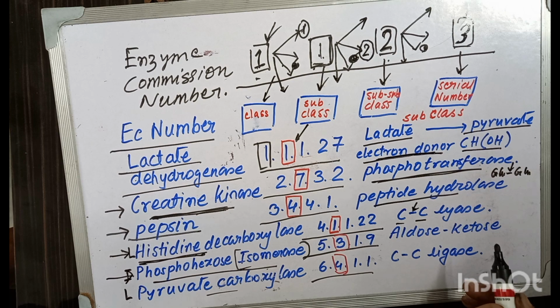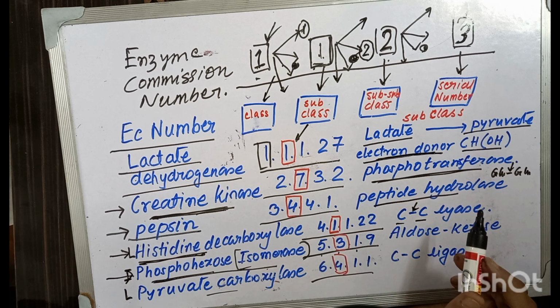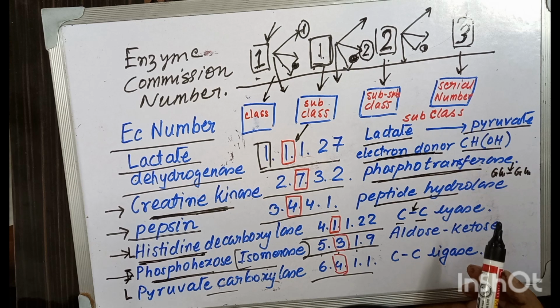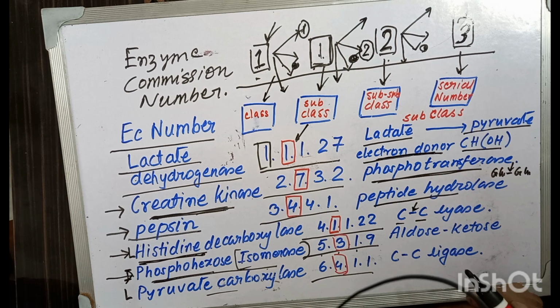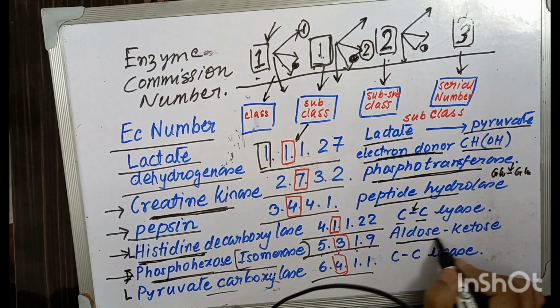It's the second step of glycolysis, where glucose 6-phosphate is converted to fructose 6-phosphate by phosphohexose isomerase, and the enzyme number is 5.3.1.9. That is the phone number of the enzyme. So it's an aldose ketose isomerase.